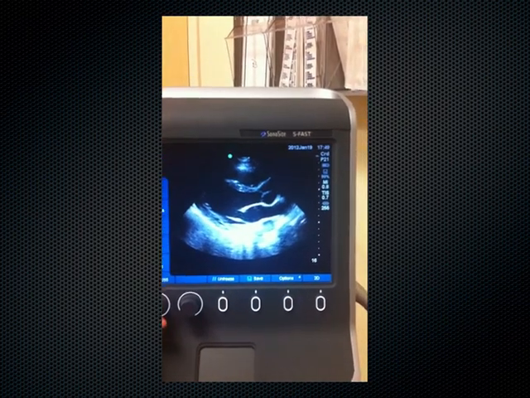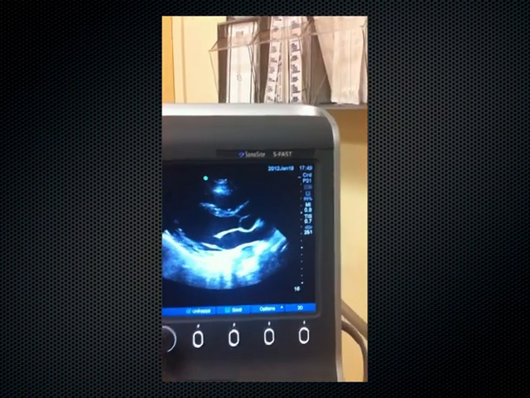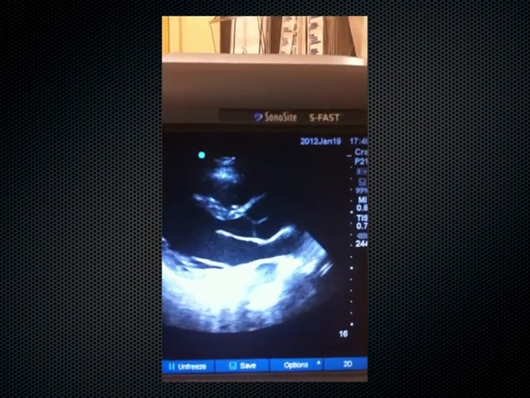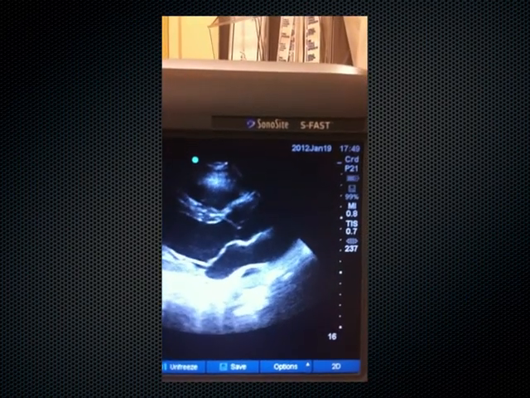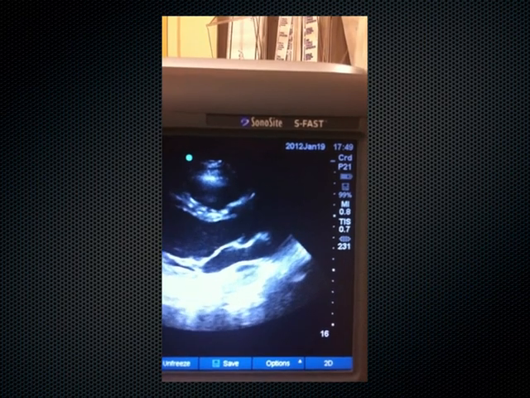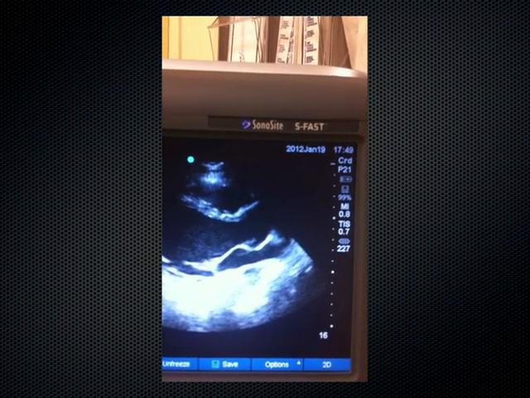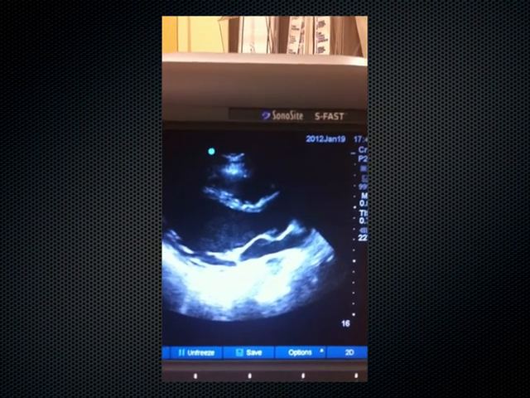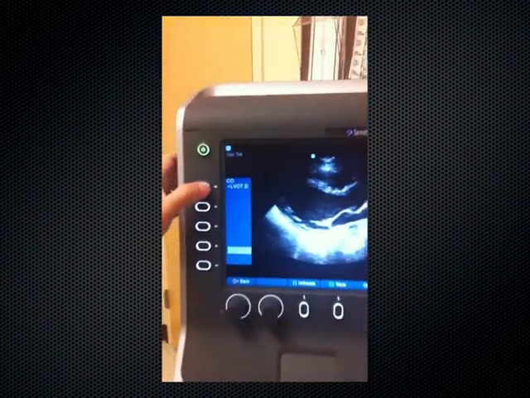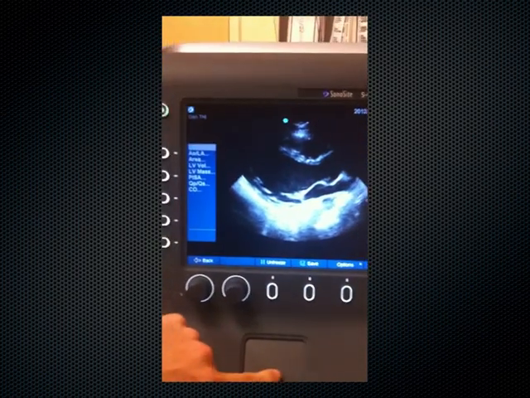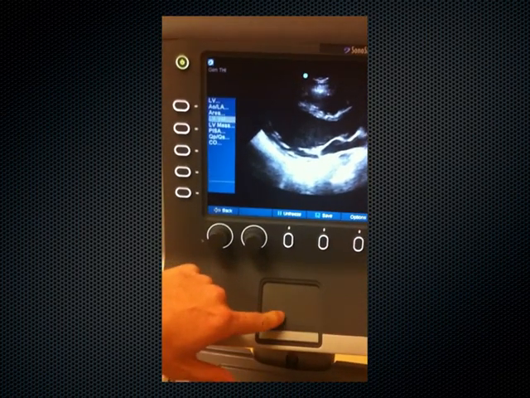So what I'll do is I'll scroll back to when the leaflets are open, and I think this is the maximal excursion right here. I'm going to hit calculations, then LVOT. Oops, go back to cardiac output.